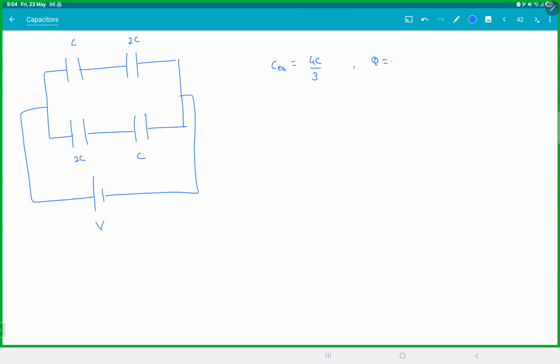The charge flowing through this will be 4CV by 3. Since up and down is symmetrical, this is 4CV by 3. 2CV by 3 and 2CV by 3 will split. This plate will be 2CV by 3. This also will be 2CV by 3.